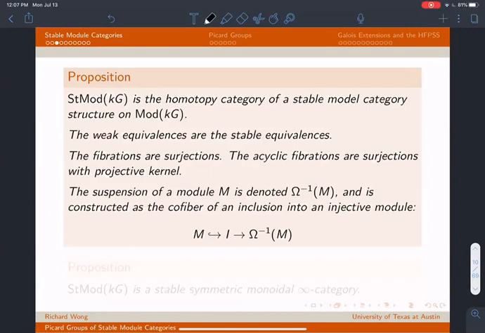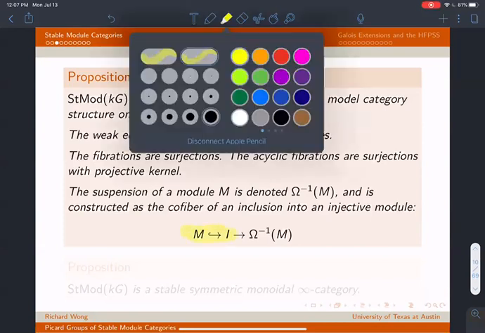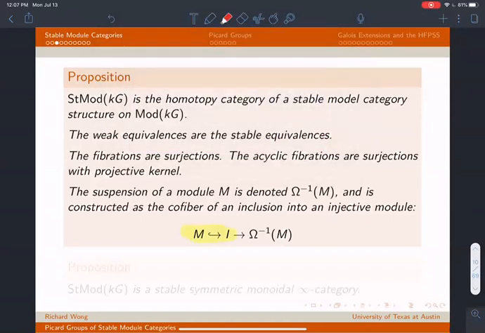In the category of KG modules, we define the suspension as follows. You take an inclusion into an injective module, and then you define the suspension to be the cofiber of this injection. And you can check that this satisfies the properties of a suspension functor in your model category structure.